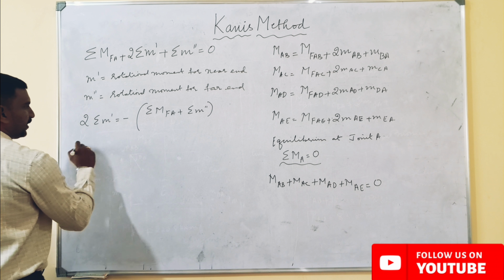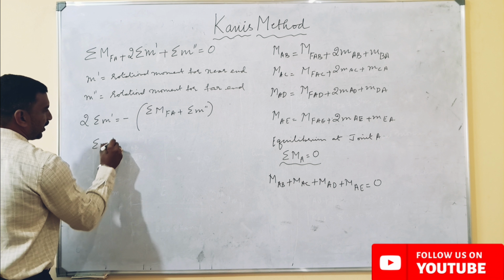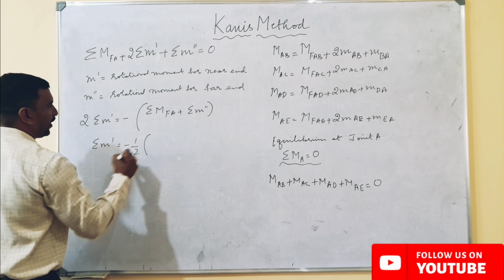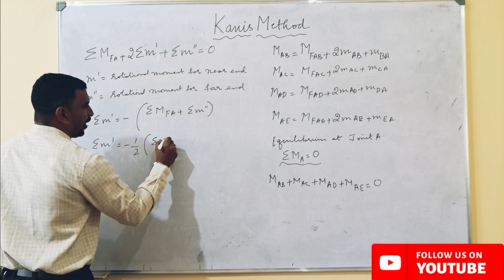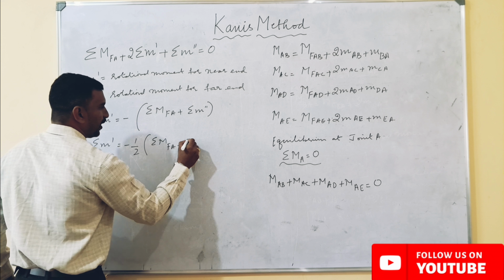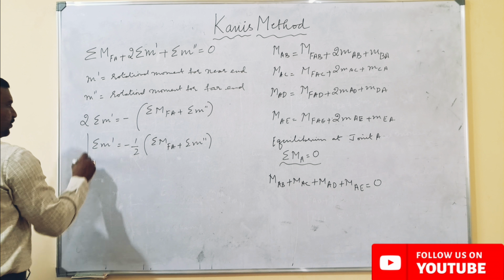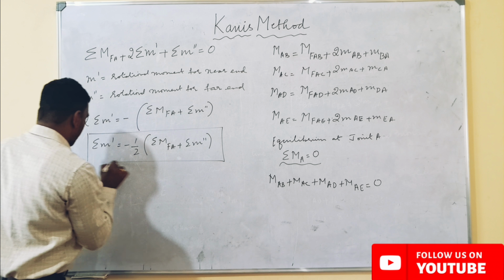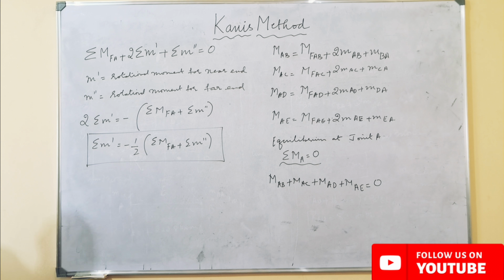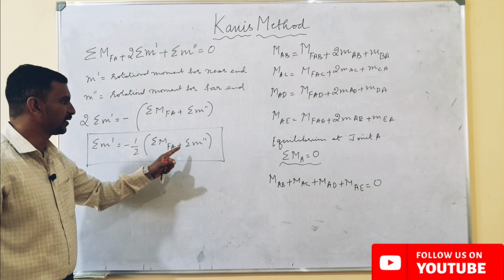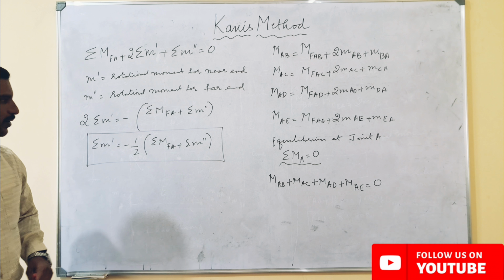So this can be again rewritten as sigma M dash is equal to minus half into sigma MFA plus sigma M double dash.